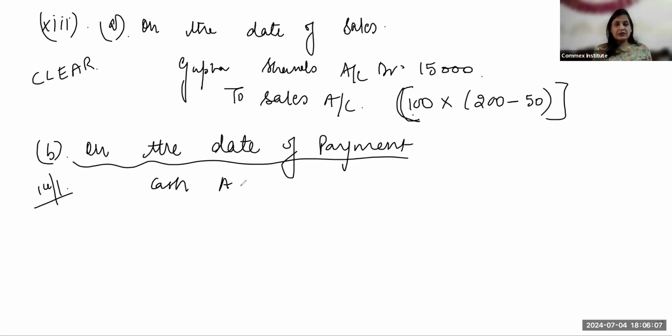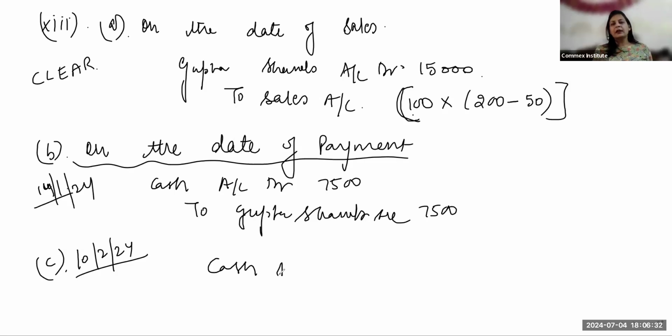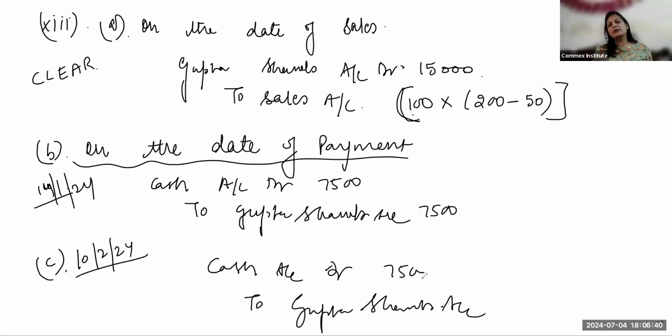So cash account debit to Gupta Shawls is 7,500. This is 14th Jan, and this entry will be repeated on 10th Feb as well. Same entry will be repeated. Cash account debit to Gupta Shawls account, 7,500. The same entry is being repeated, right?